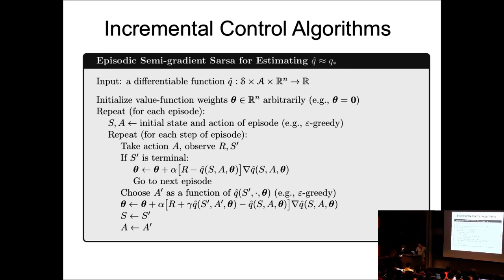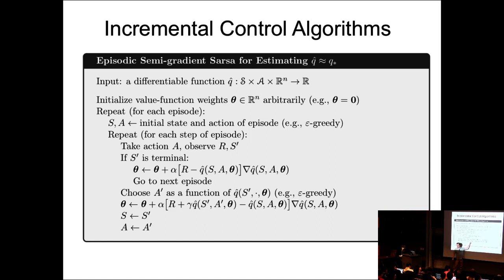Any questions? Yes? Why is it called semi-gradient? It's a good question. The terminology is what the book chose. I think the reason is that you're taking the gradients, but your targets are not quite the correct targets, right?